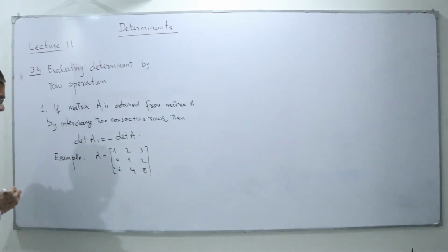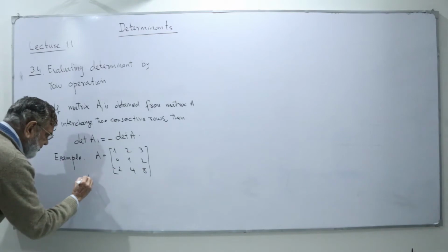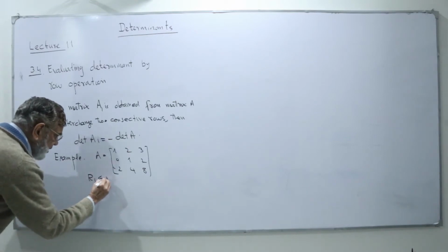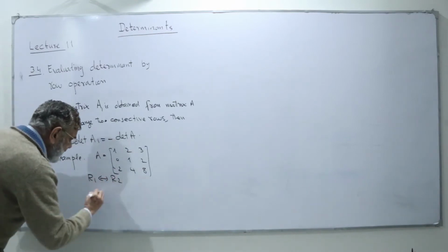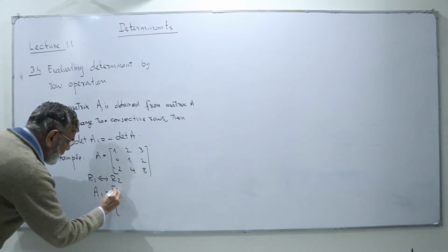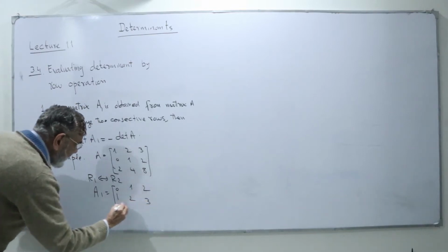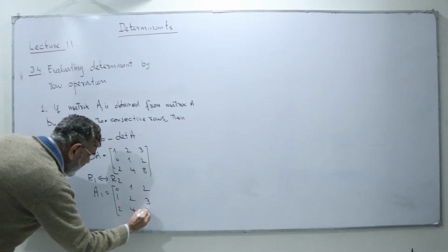So I just have new determinant. We interchange 2 rows. We're having here R1, interchanging R2. So get here A1. So my A1 is equal to 0, 1, 2, 1, 2, 3, and 2, 4, 8.